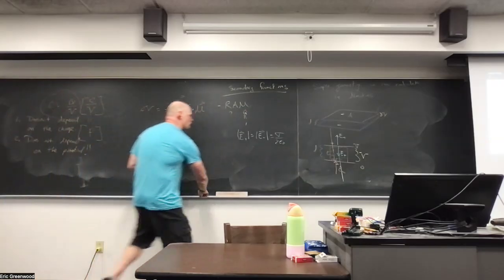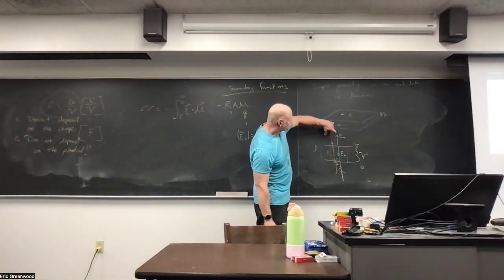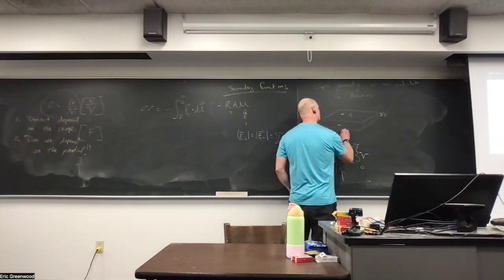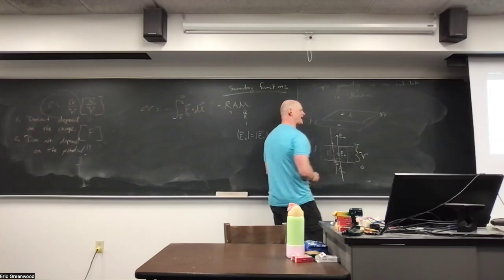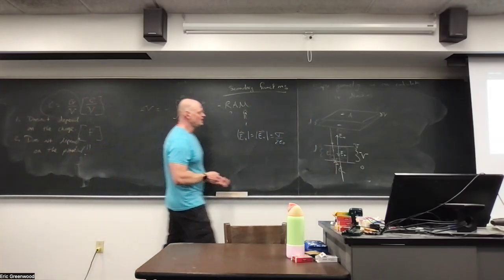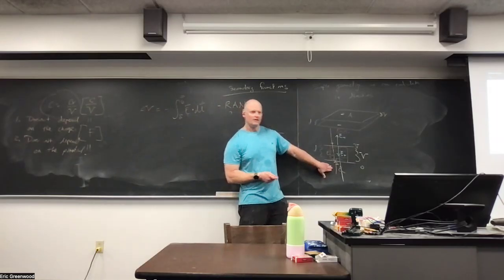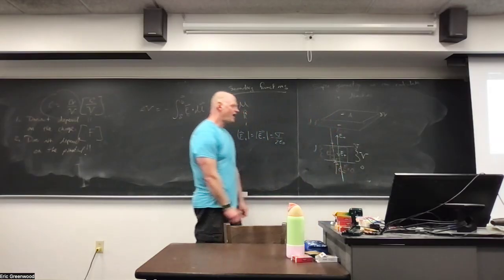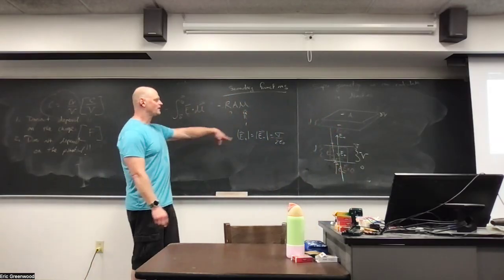Now let's look at the total electric field on the outside. It's going to be 0, right? Above the plate, the total electric field has to be 0, and below, also 0.